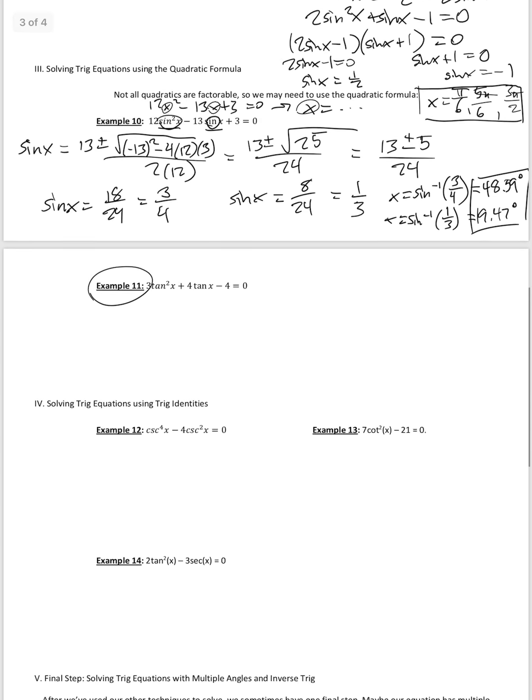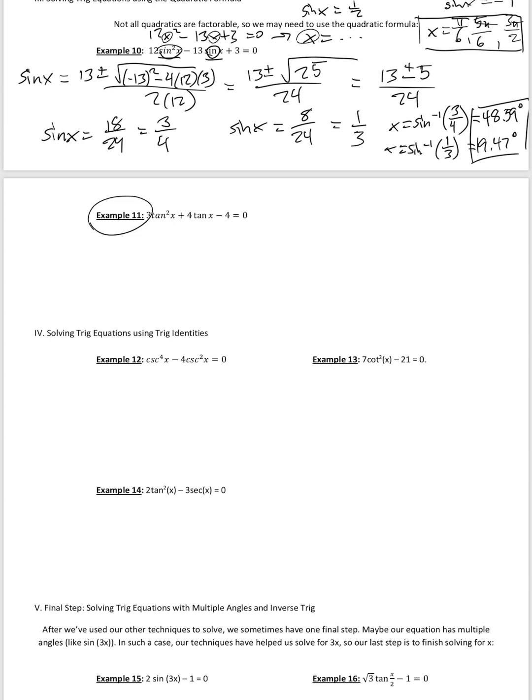Another option for us is to use trig identities. And you'll see what I mean. So here, example 12, cosecant to the 4th x minus 4 cosecant squared x equals 0. I'm going to factor out a cosecant squared.